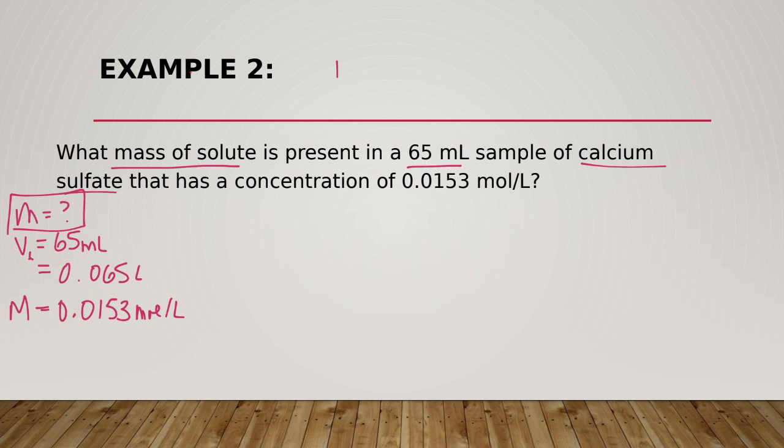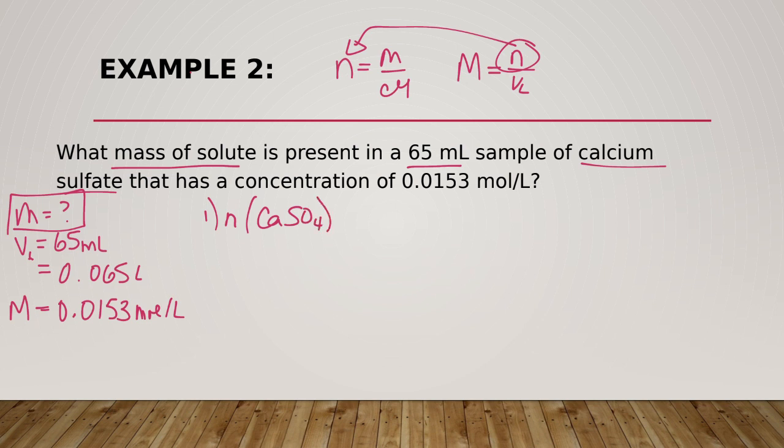So just recall that we have three mole formulas now. Here's one, and then we have this one for molar concentration. So I want to solve for moles. That way I can plug it in over here and rearrange for the mass of my substance. So let's solve for the moles of calcium sulfate.